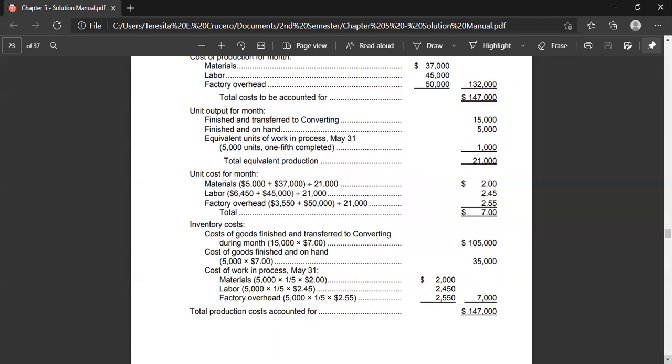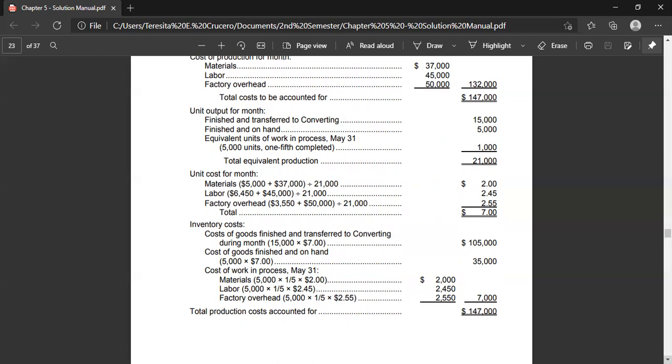Then for the inventory cost, the cost of goods finished and transferred to converting during the month, 15,000 units times 7. You get 105,000. The cost of goods finished and on hand, 5,000 times 7, 35,000.